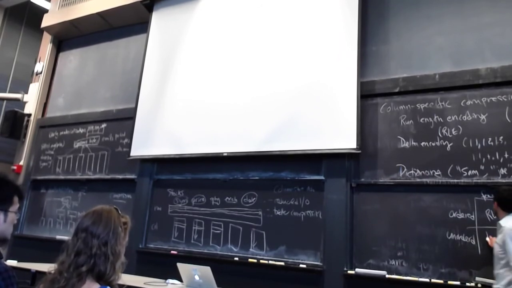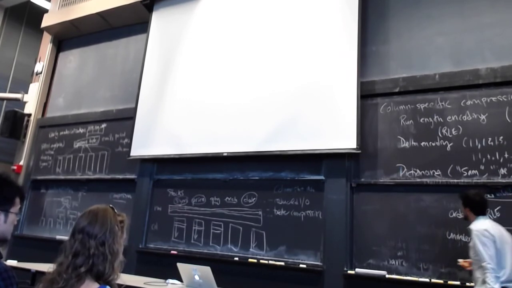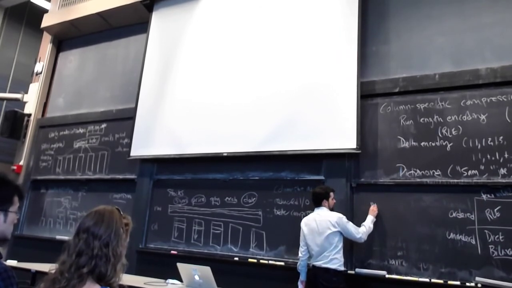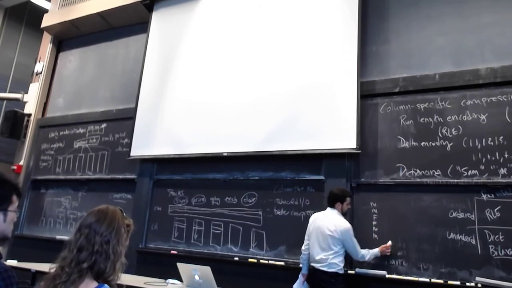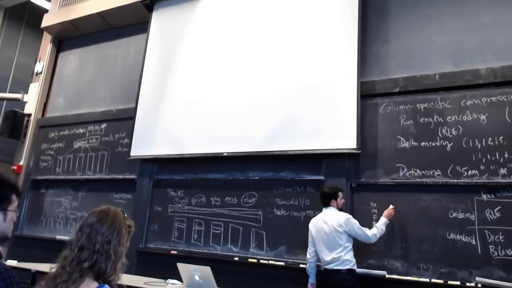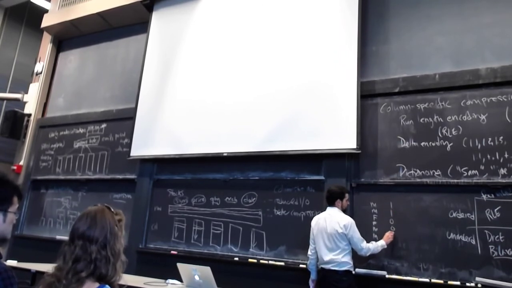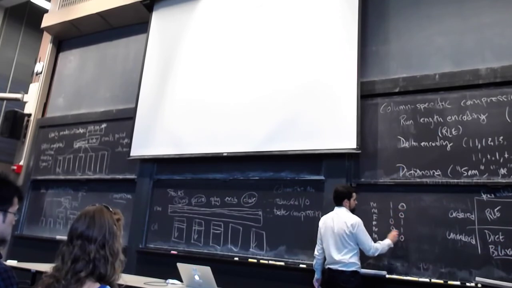There's another scheme which we're not going to talk about in depth, called bitmap encoding. If I have a column of genders, like male, male, female, female, male, male, I could encode this as two bitmaps: 1, 1, 0, 0, 1, 1, and then the complement of it, 0, 0, 1, 1, 0, 0.